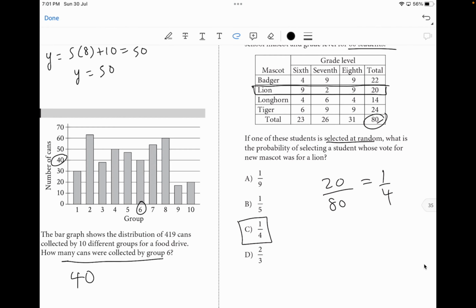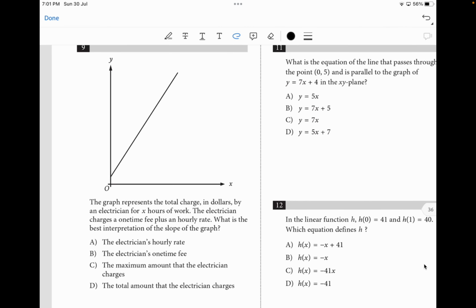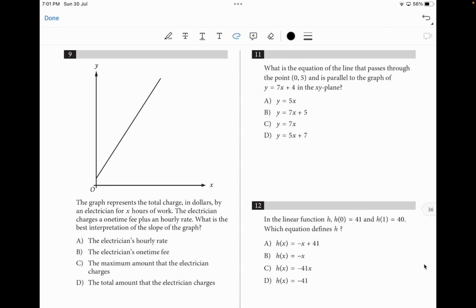Okay. Question number 9. Now this is another graph-based question. The graph represents the total charge in dollars by an electrician for x hours of work. The electrician charges a one-time fee plus an hourly rate. What is the best interpretation of the slope of the graph? So the best interpretation for the slope of the graph is that we can see that the graph represents the total charge in dollars by an electrician for x hours of work.